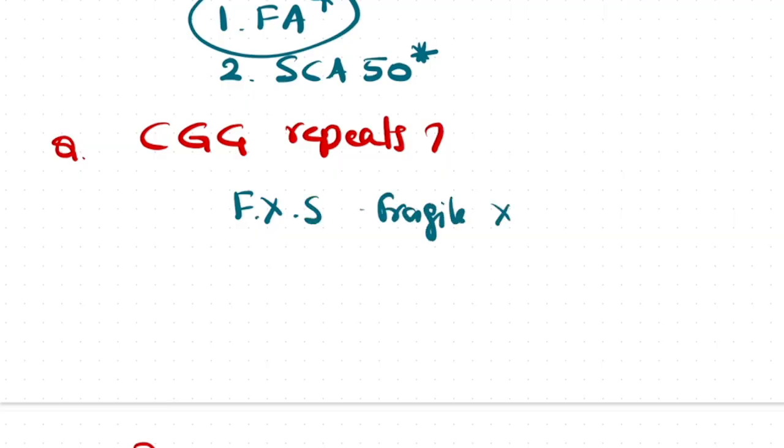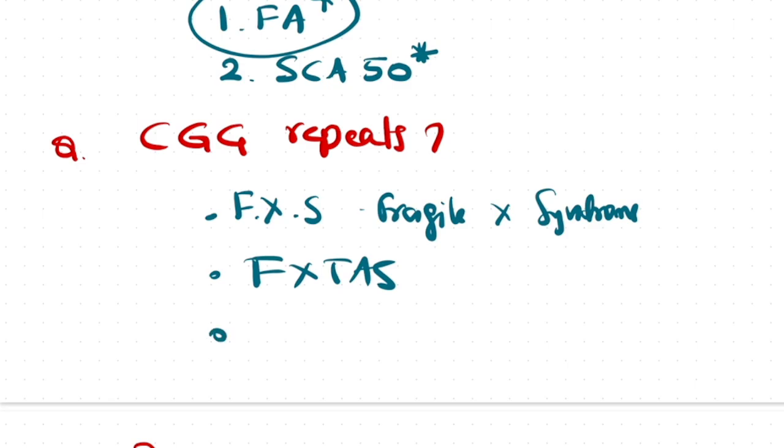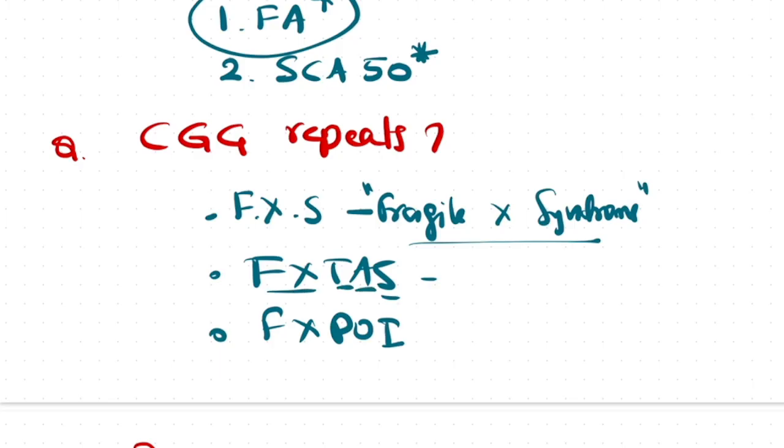Fragile X syndrome. Then you can also see it in FXTAS and FXS, that is Fragile X syndrome. Then there is something called FXPOI. FXS is Fragile X syndrome, whereas FXTAS is Fragile X associated tremor ataxia syndrome.